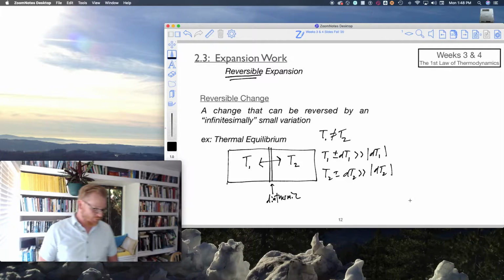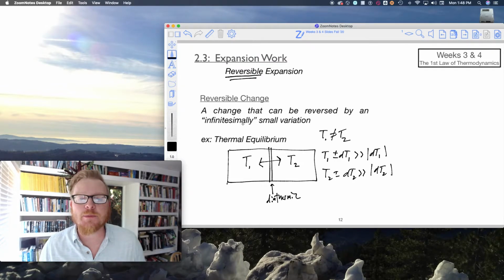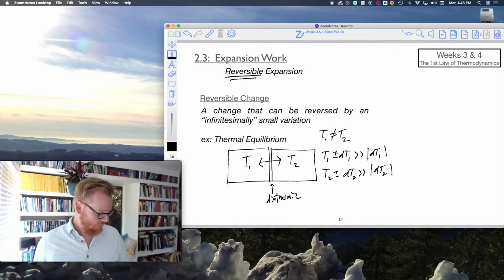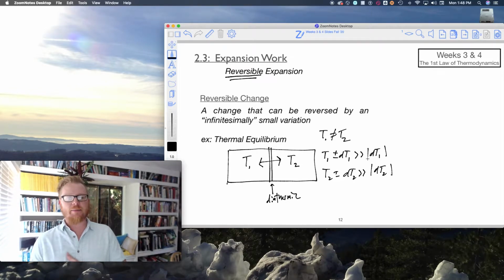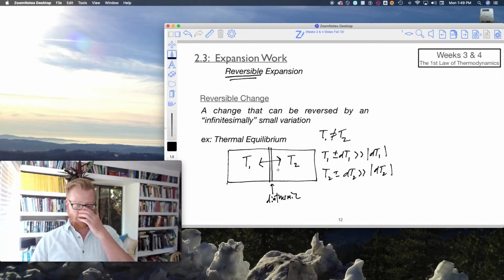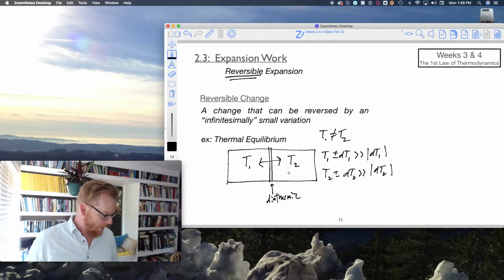All it's saying is that T1 plus or minus dT1 is this infinitesimally small variation, and because it's infinitesimally small, this quantity is much greater than that change. So reversibility means if T1 becomes slightly warmer than T2, heat will flow this way until both are at the same temperature. The opposite is true for T2.